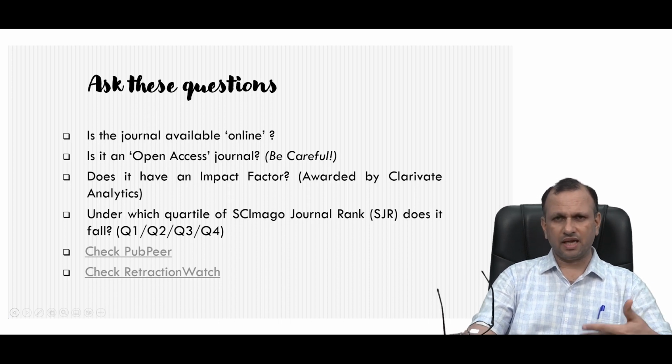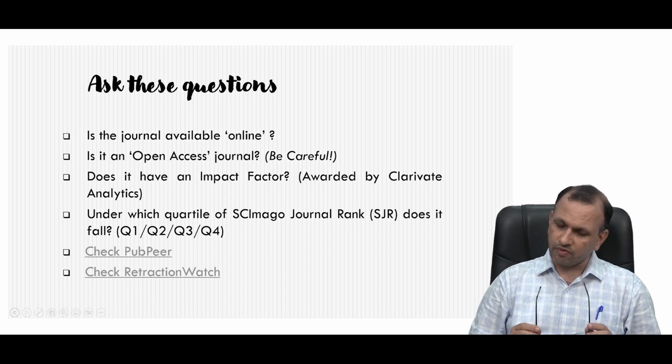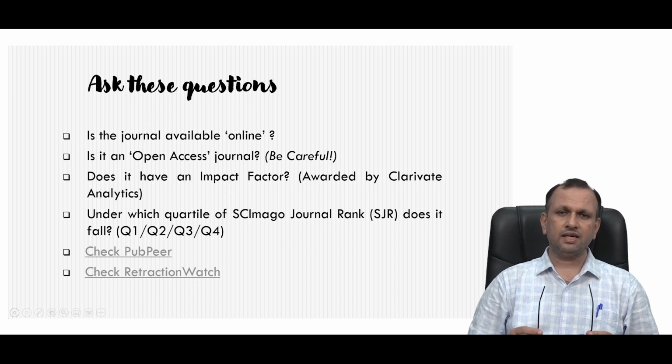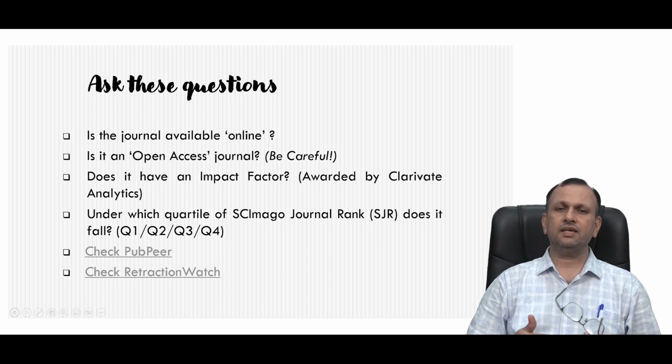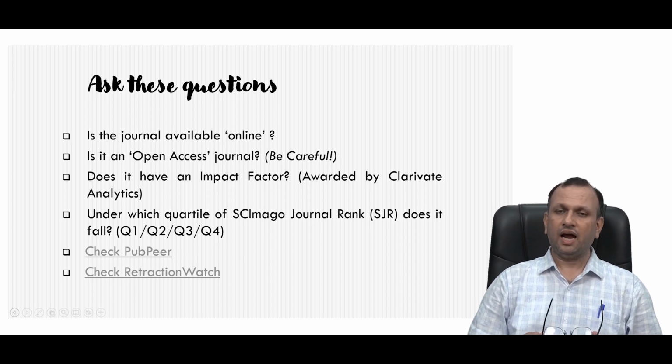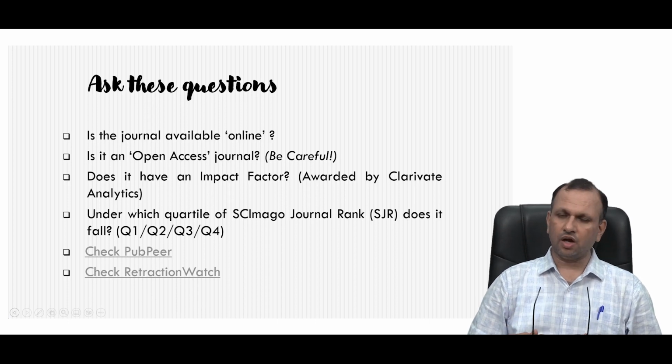That is how impact factor is calculated. And this citation analysis is based on Web of Science. Clarivate Analytics is the agency that awards impact factors, and it is mostly transparent, and it gives you the number of citations each journal has received, or each article published in the journal has received, right? So that is how it is calculated.